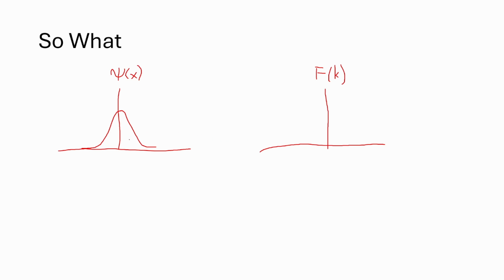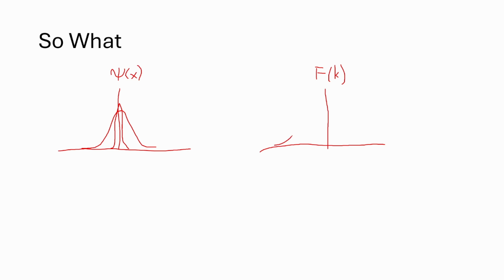But the relationship I want to highlight is this. If we had a very narrow spatial distribution originally, like that, then that would have been a narrow spatial wave packet.